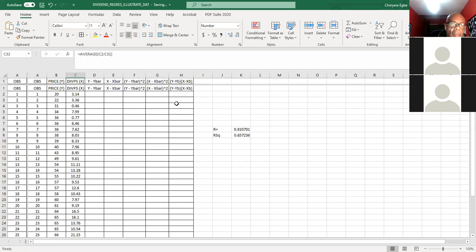And so Y minus Y bar, which is in column B, equals B2 minus B$32, the average. You're subtracting from the average.